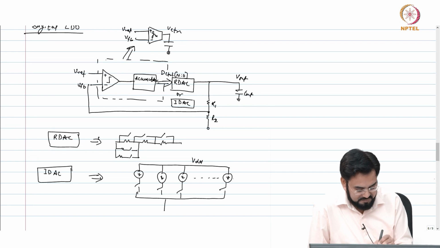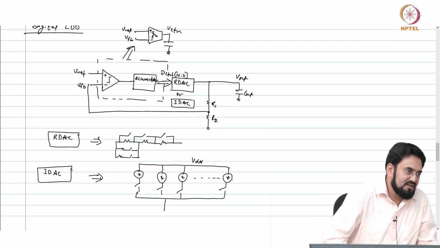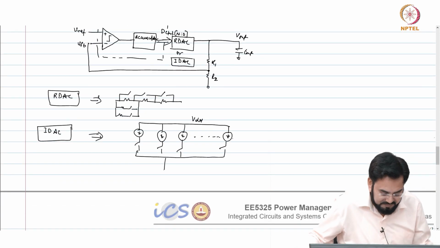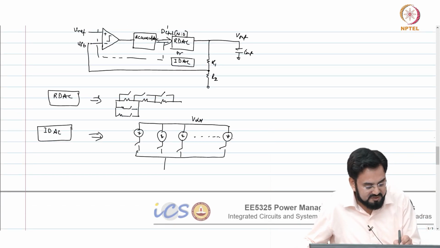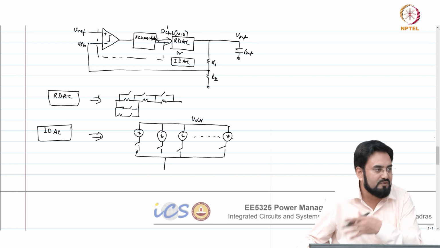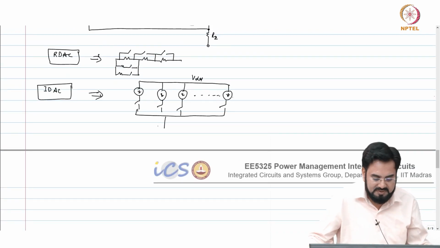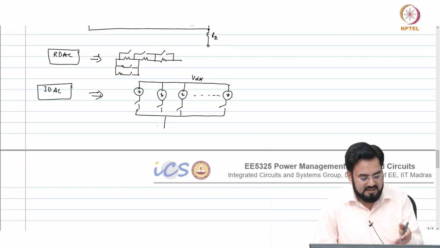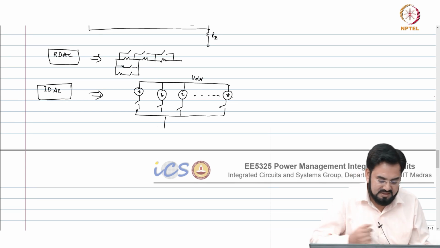So this could be your, you can have a binary weighted or linear, whatever. Okay. If binary weighted, then you have I, then the next will be 2I, 4I, 8I. The weights will be like that. If linear, then each element could be the LSB, 1I.